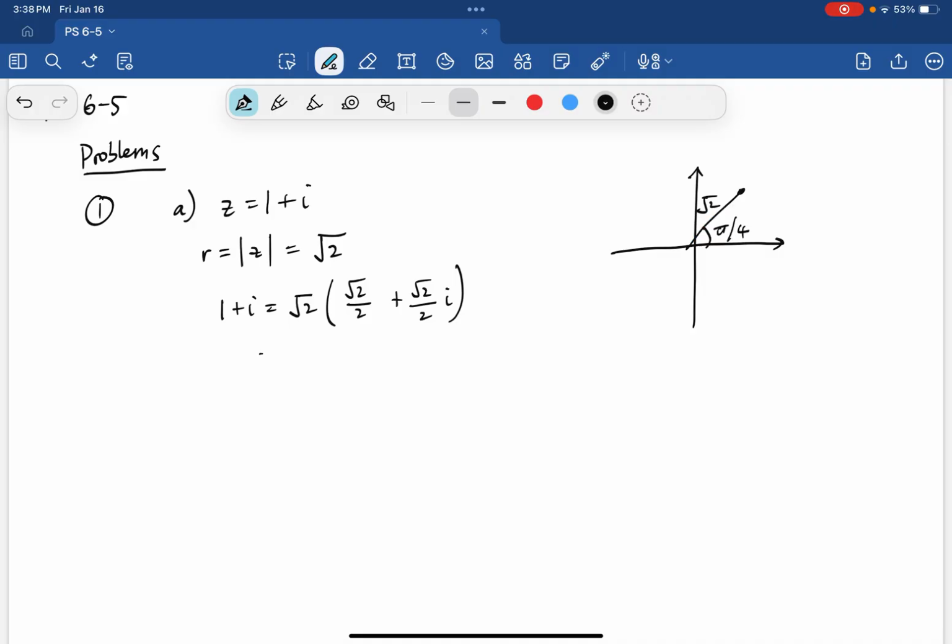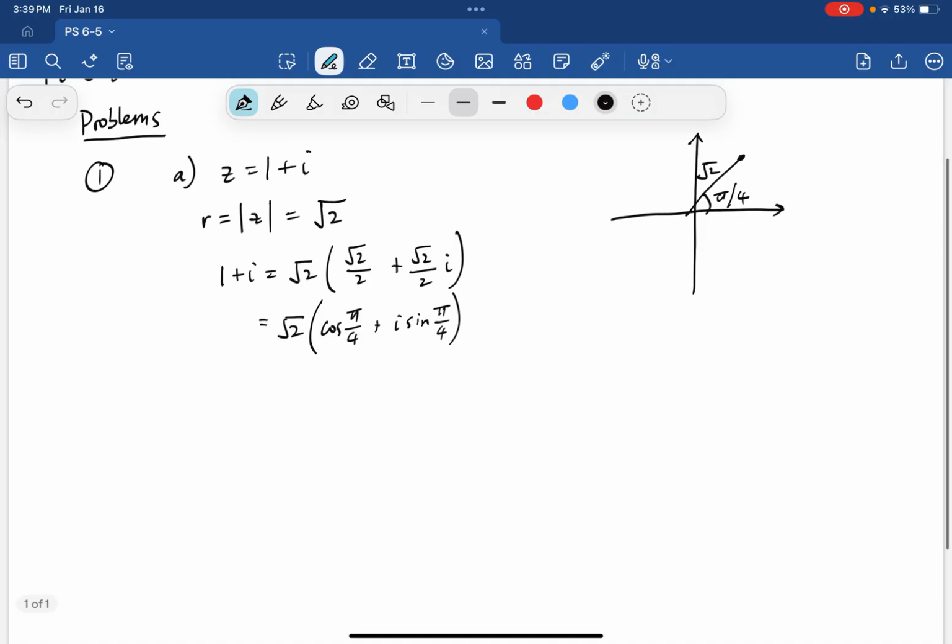Angle pi over 4. So in trigonometric form, we'll want to make sure that you have cosine plus i sine, and your radius here must be positive.